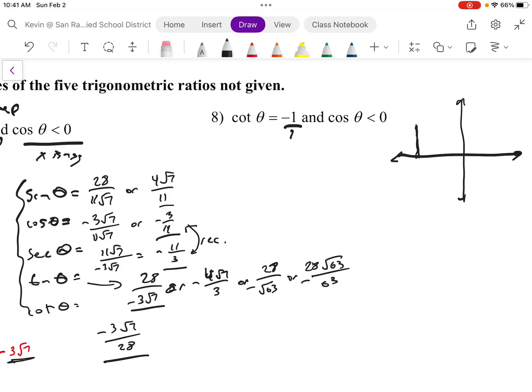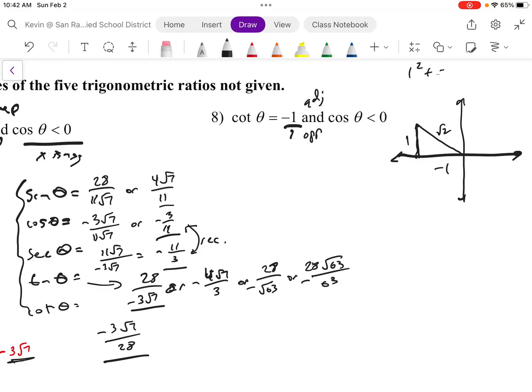Okay, we know cotangent is adjacent, right? No, I'm sorry. Yeah, it's adjacent over opposite. And since we know our x is negative, that means this is positive.